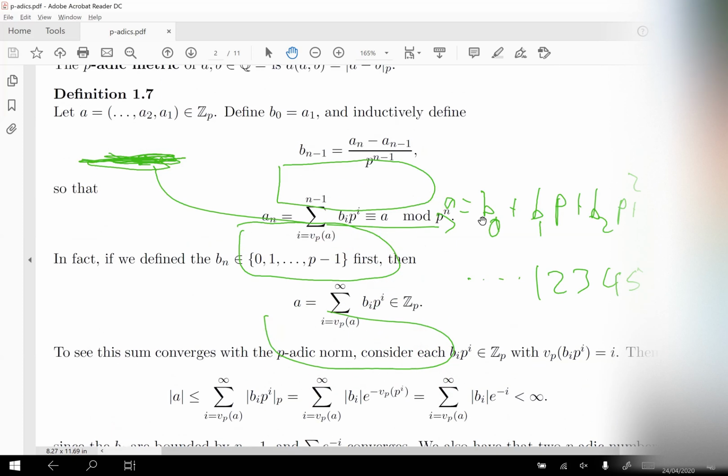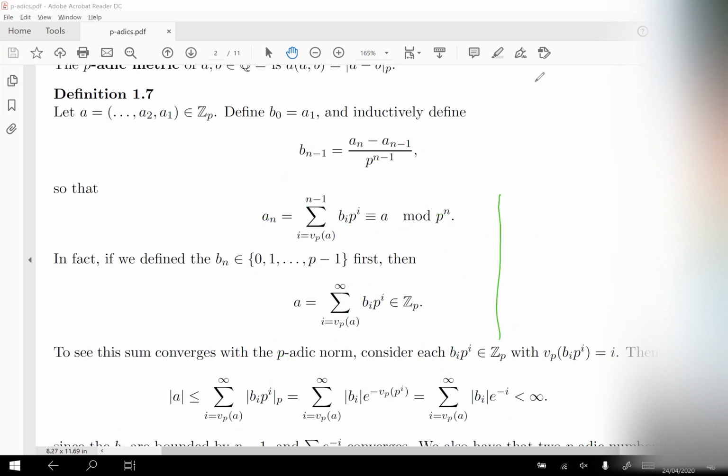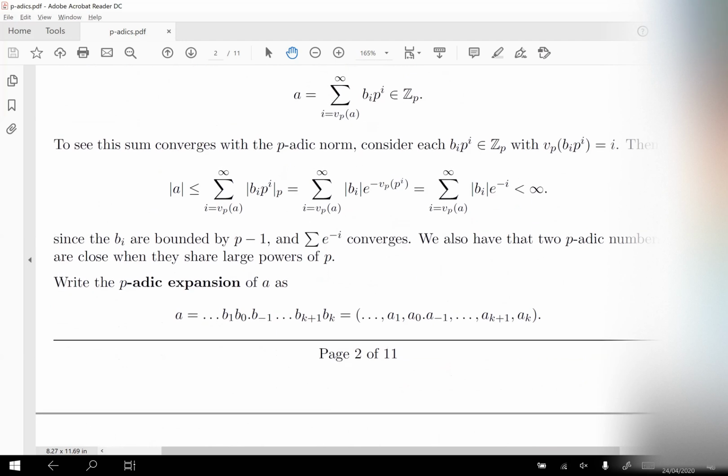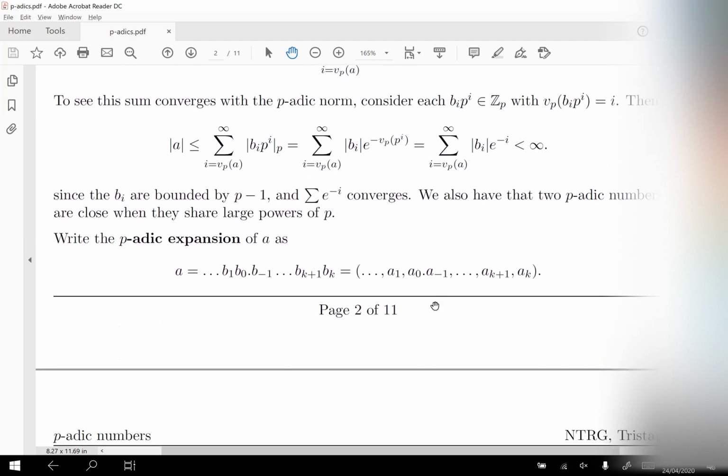Yeah, and I guess that's not what I want to do. How do I get rid of annotations? Control Z. Yeah, so you can identify, and then I did a little comment about what we call the p-adic expansion, but the definition varies depending on where you look.